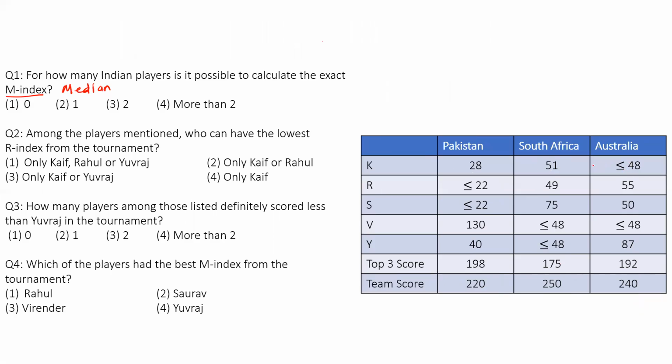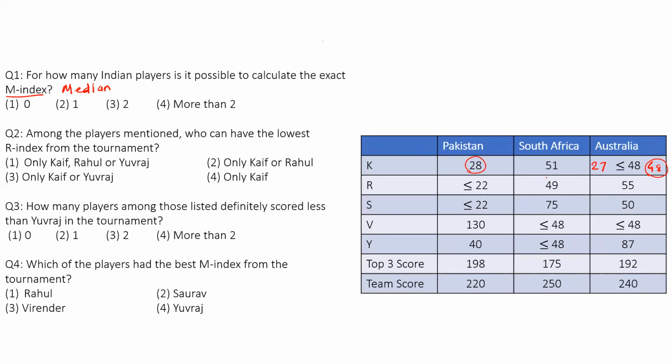Now, if he has scored, let us say, 27 in the match against Australia, his median value will be 28. But if he scores 48 against Australia, his median value will be 48. So both the values are possible, so we cannot exactly calculate the M index.